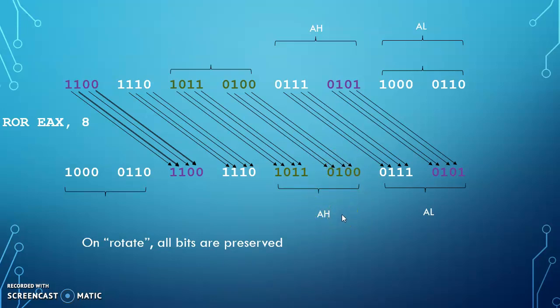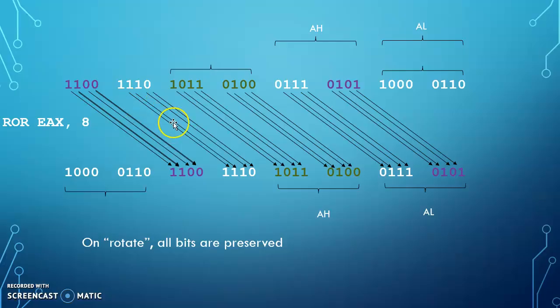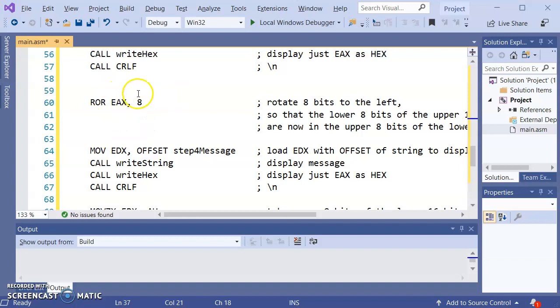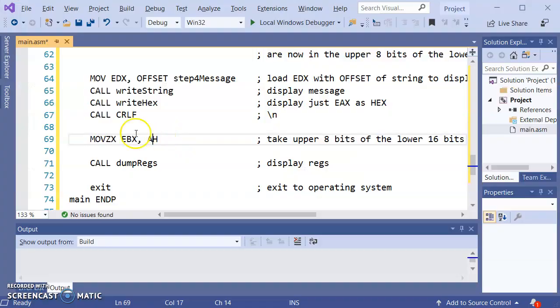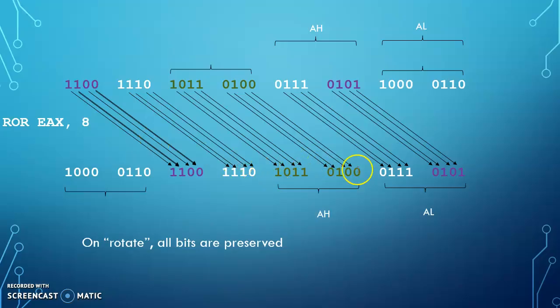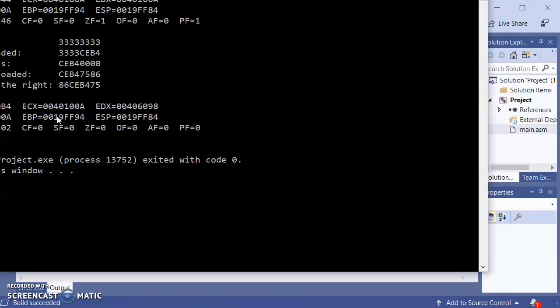In this example, after I did the rotate to the right, I took the AH, just these bits here, and loaded it into EBX, doing a zero extend, just so I can see that the lower 8 bits of EBX should be these 8 bits that were here.